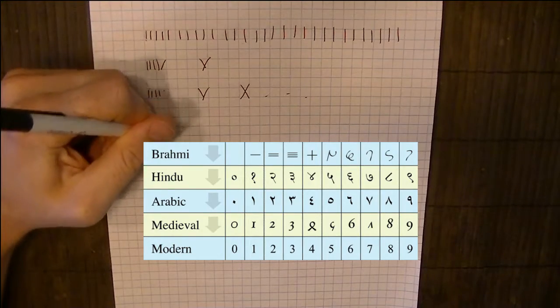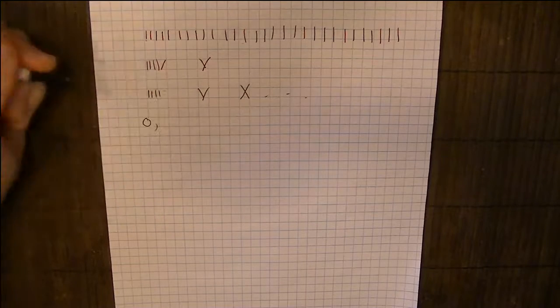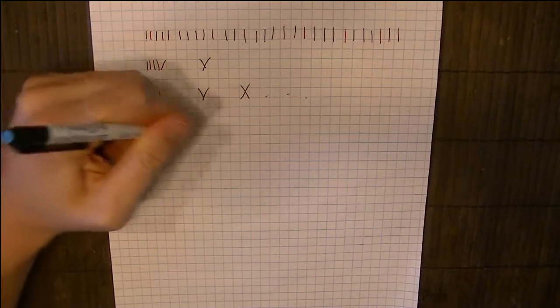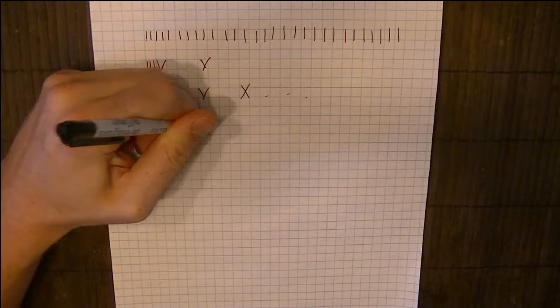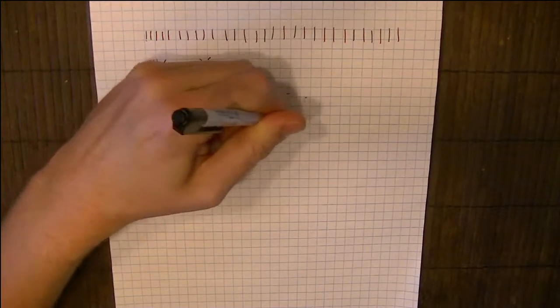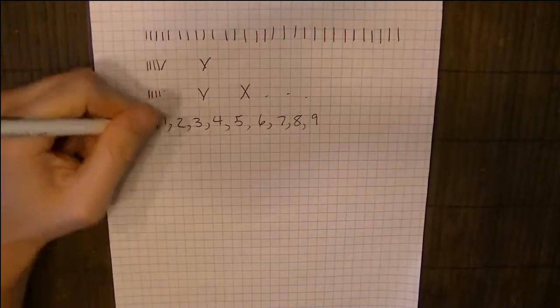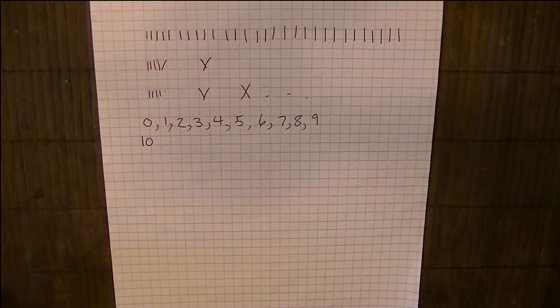So now we could say, hey, there's 0, and they had different symbols for the first bunch of numbers: 1, 2, 3, 4, 5, 6, 7, 8, and 9. And then, of course, things just roll over, and we put a 1 in front to represent 10.